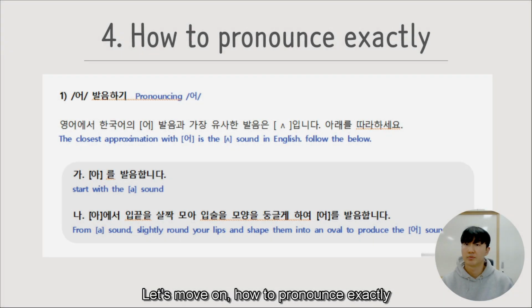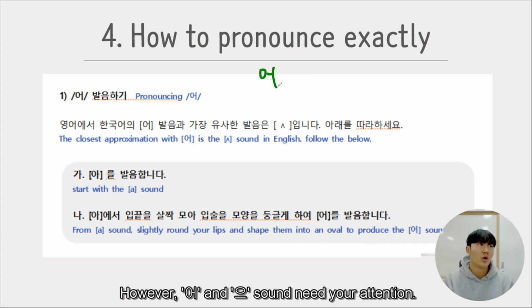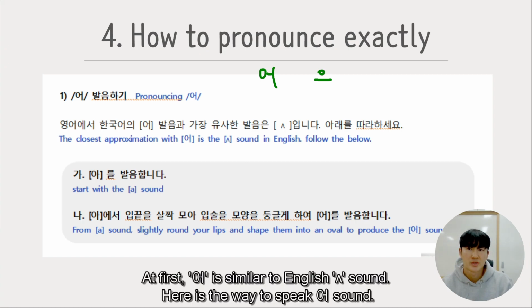Let's move on to how to pronounce exactly. Generally, a, o, u, i, e have the same sounds in English. However, o and u sounds need your attention. At first, o is similar to the English o sound.